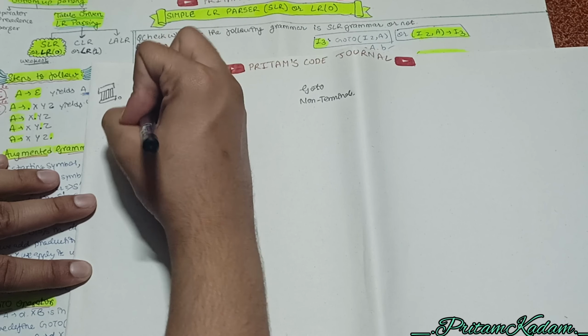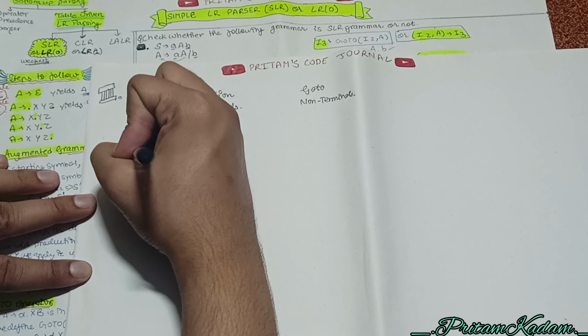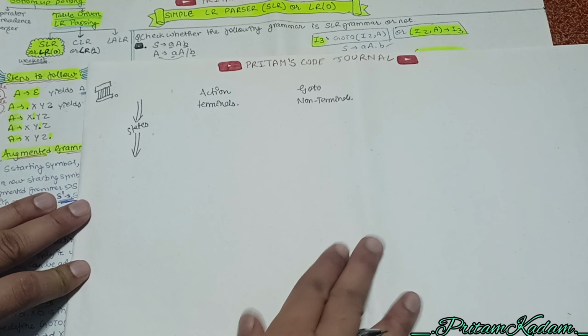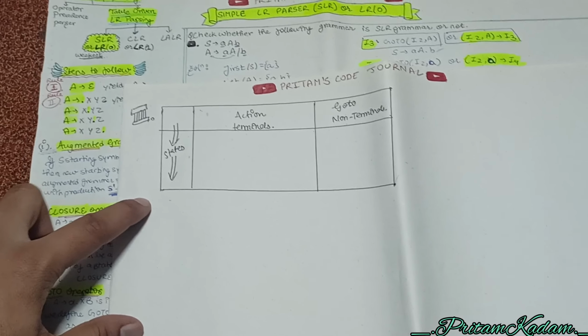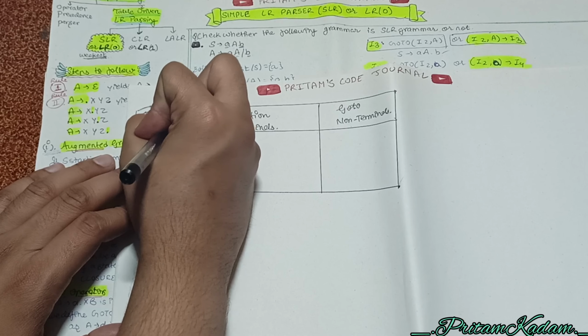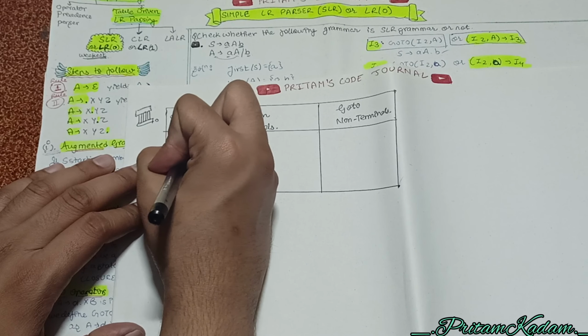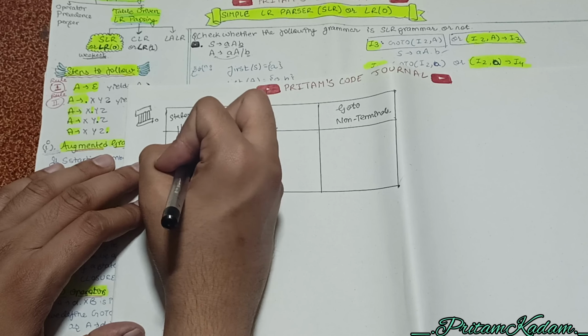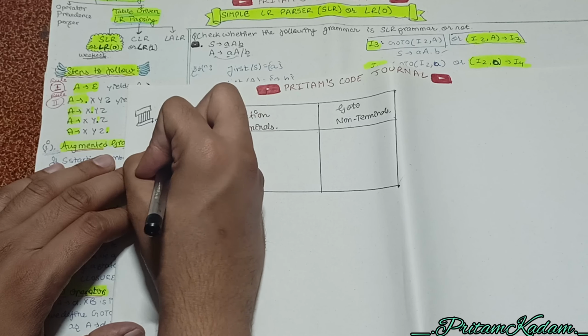Then I will write the number of states like 0 1 2. This is the format of how the SLR table has to be made. So let us make the table now, and then we will enter the shift entries and the reduce entries.